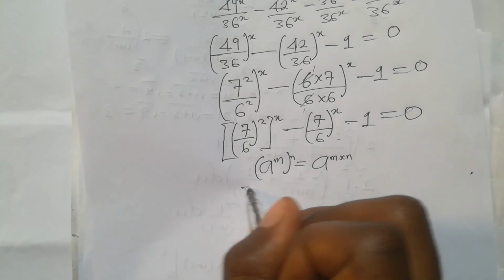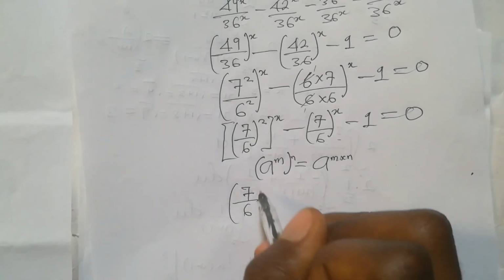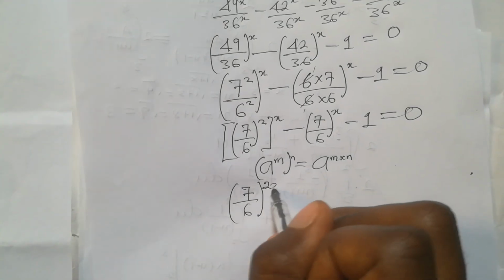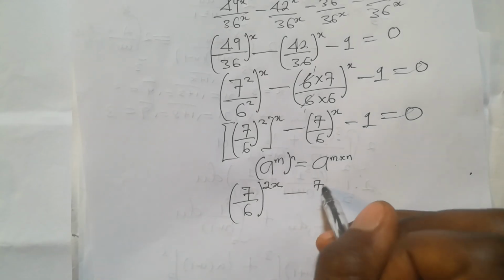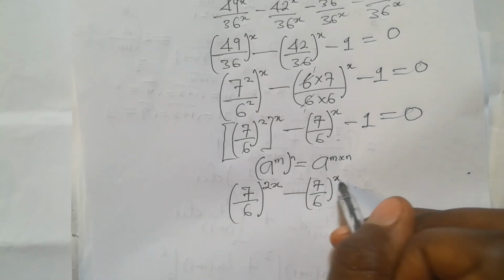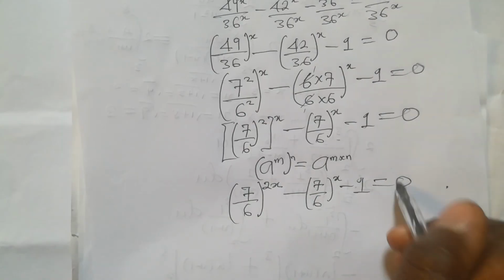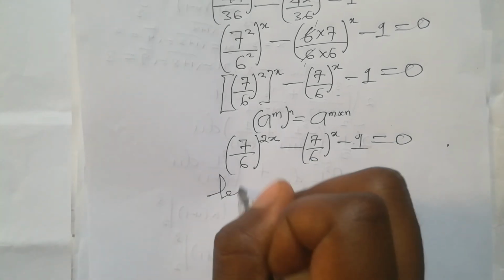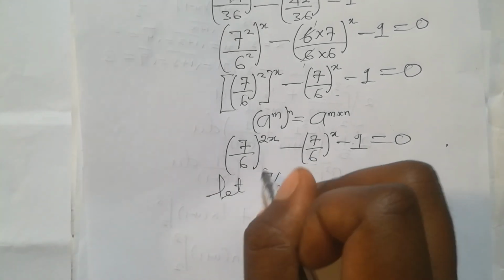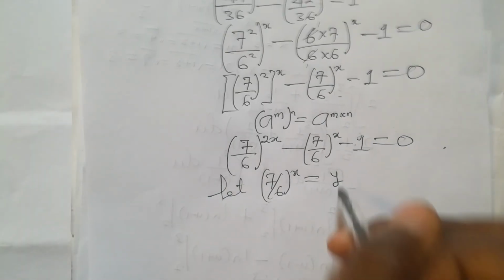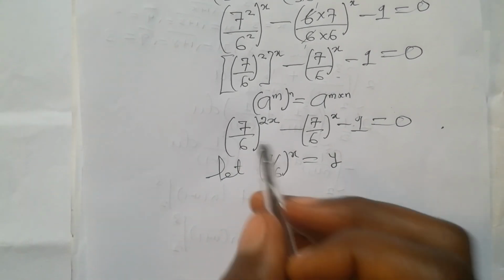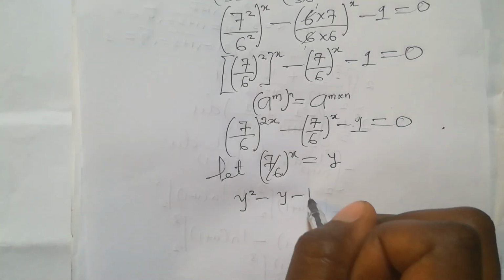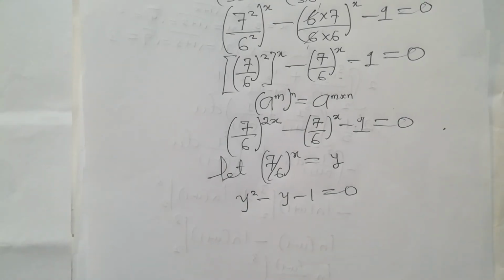So this can be 7 over 6 all to the power of 2x, minus 7 over 6 to the power of x, minus 1 is equal to 0. So here we can say, let 7 over 6 to the power of x be equal to y. You get it? So in that case, this becomes y squared minus y minus 1 is equal to 0.